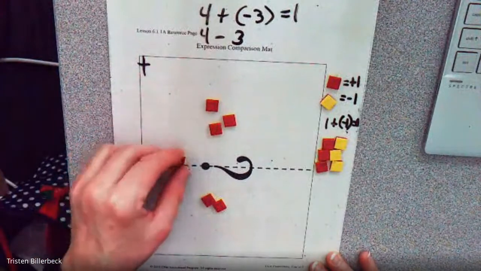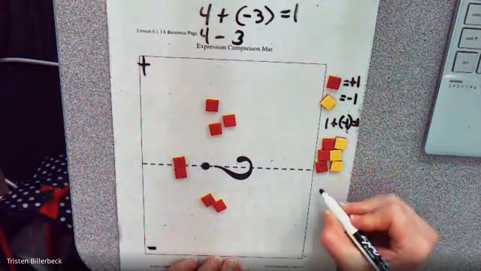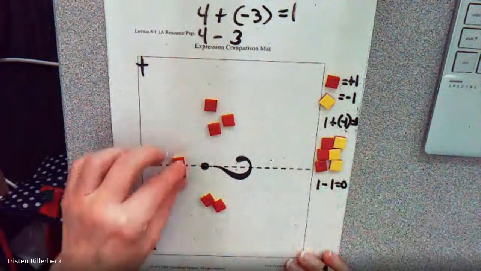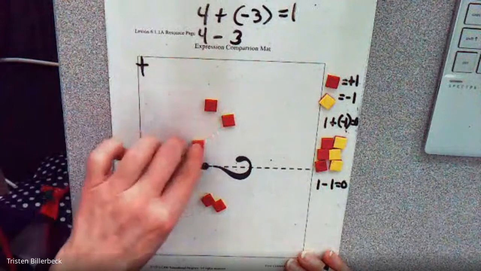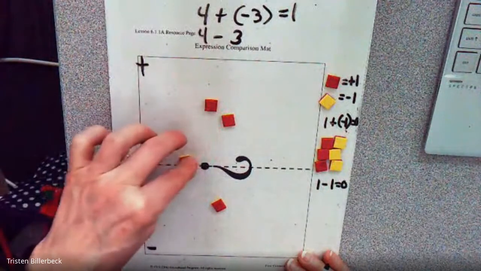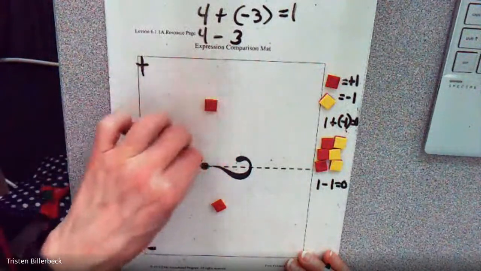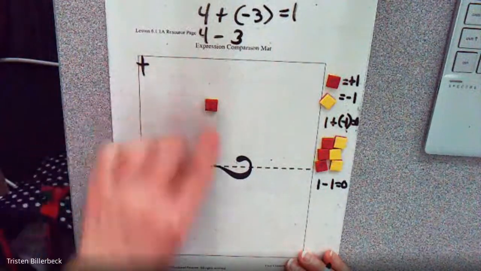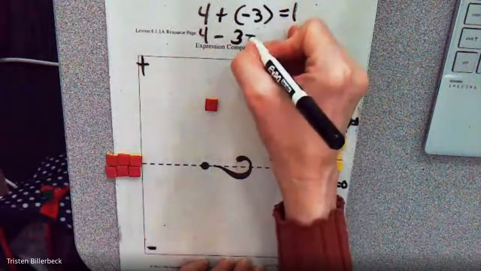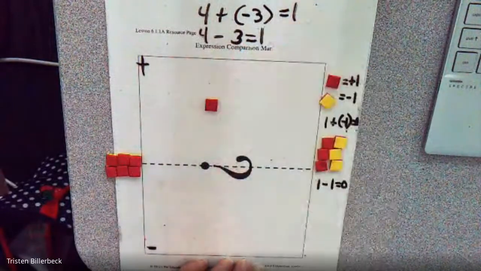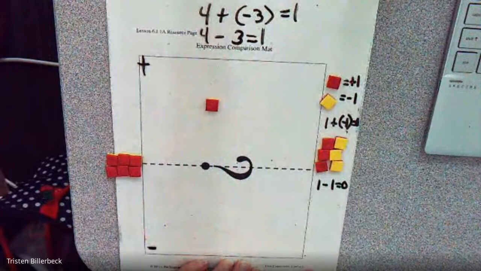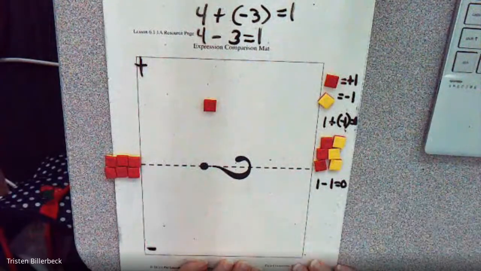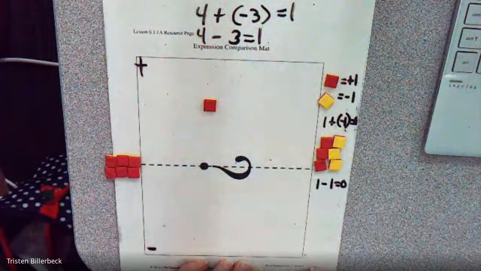I've got this situation here, which is 1 minus 1, which is 0. So I have a 0 here, and I come here and I have another 0, and I do it again and I have another 0. And look, I just have 1. Okay, so there's 3 zeros there and there's 3 zeros there when I am adding my integers.